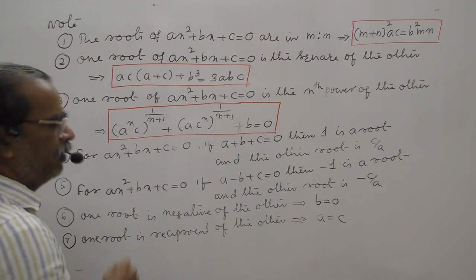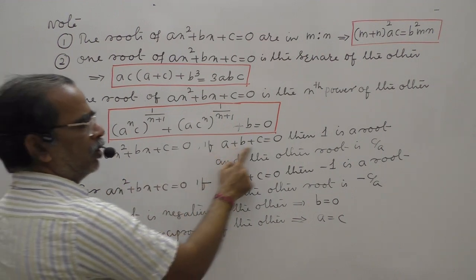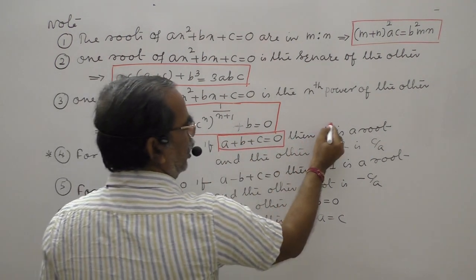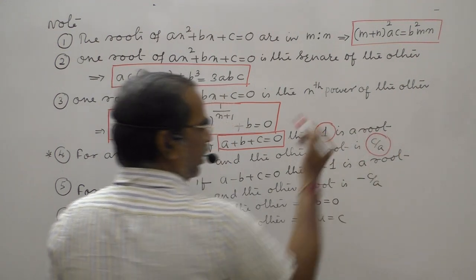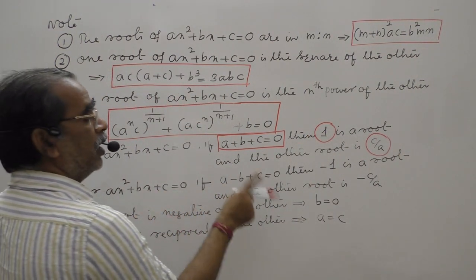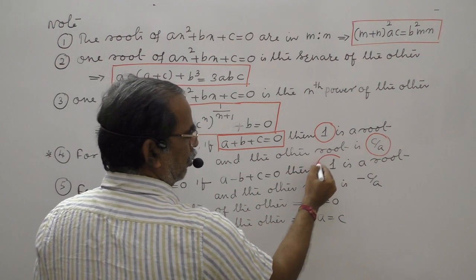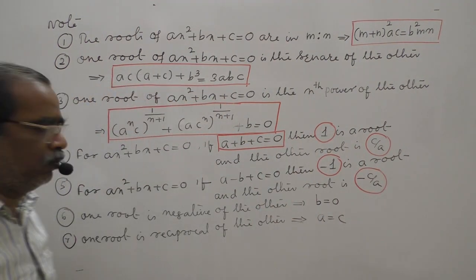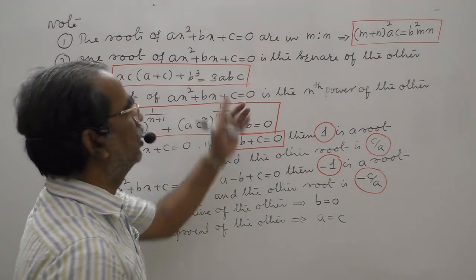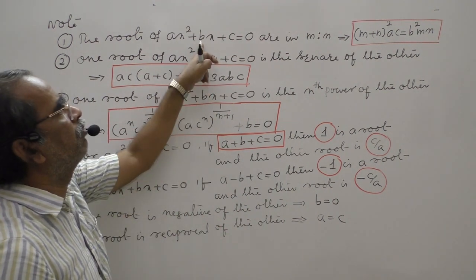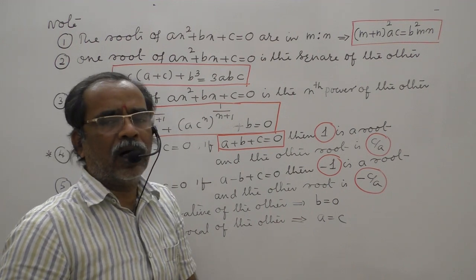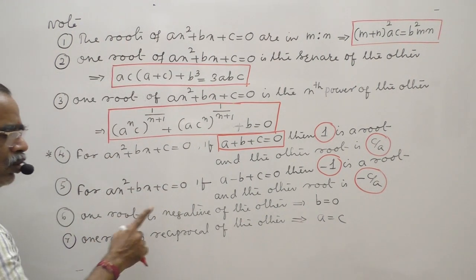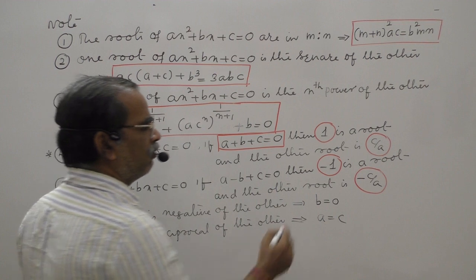For this quadratic equation, if the sum of the coefficients is 0, then one is a root and the other root is C by A. If A minus B plus C is 0, then minus 1 will always be a root and the other root will be minus C by A. If B is 0, that means the quadratic equation has no x term, then one root will be the negative of the other.